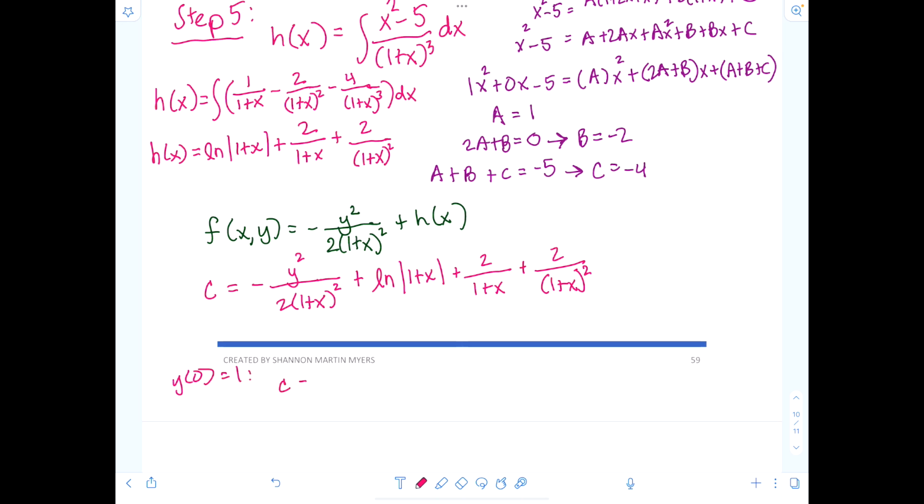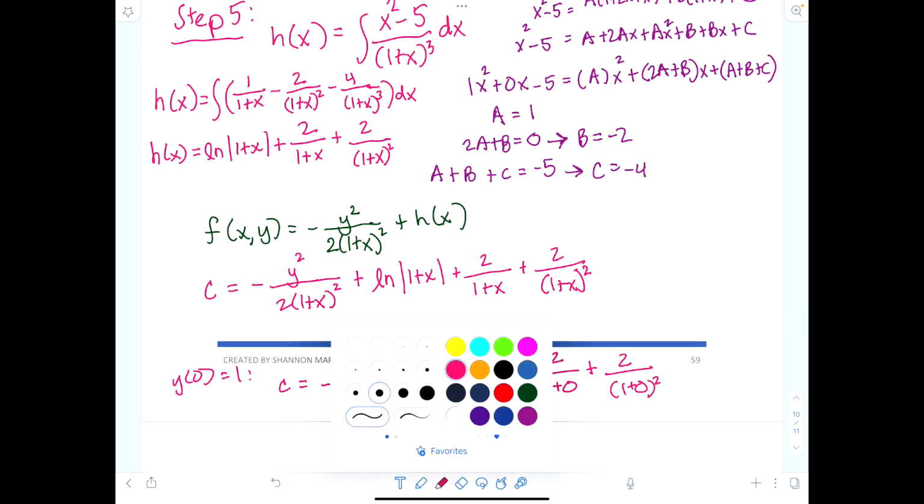That will yield C equals negative 1 squared over 2 times 1 plus 0, the quantity squared, plus natural log absolute 1 plus 0, plus 2 over 1 plus 0, plus 2 over quantity 1 plus 0, squared. And where did I get that?